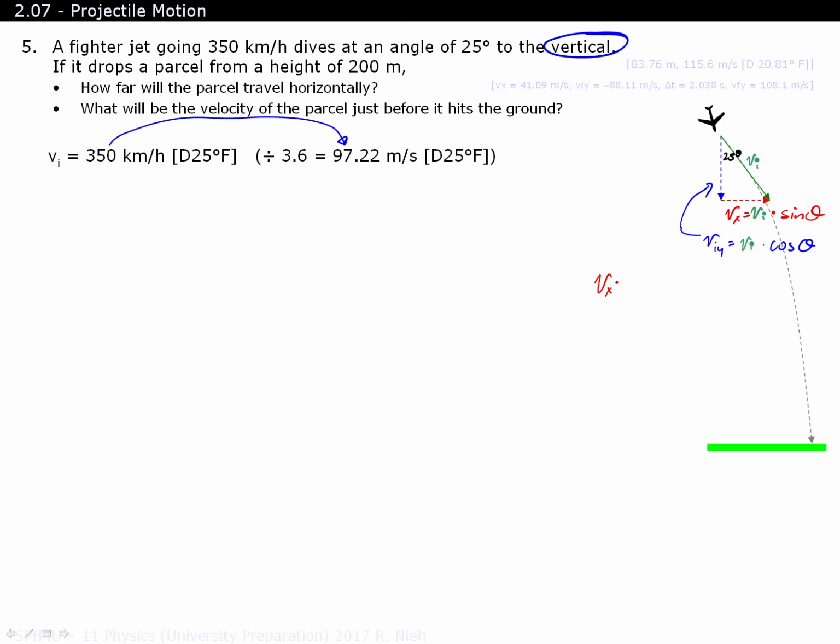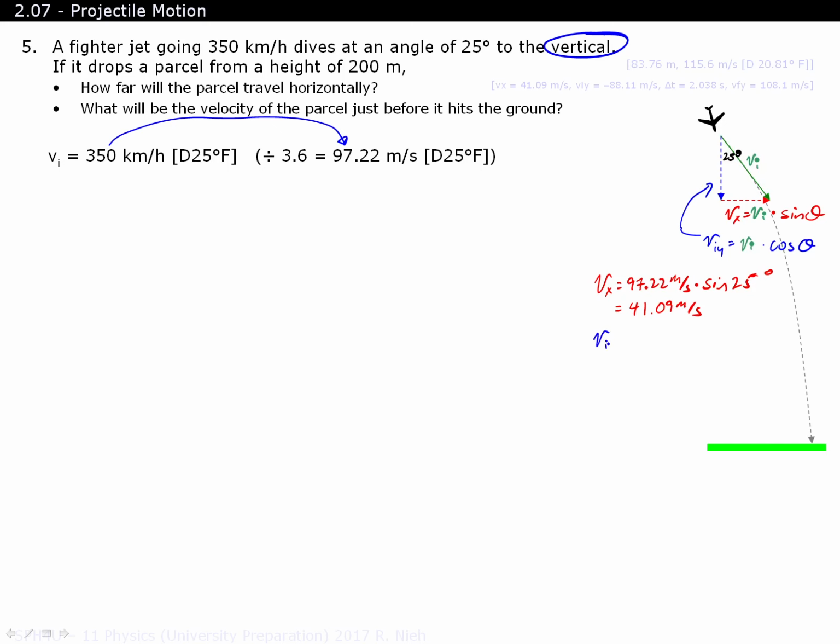So our Vx is equal to 97.22 meters per second times the sine of 25 degrees, and that will give us 41.09 meters per second.